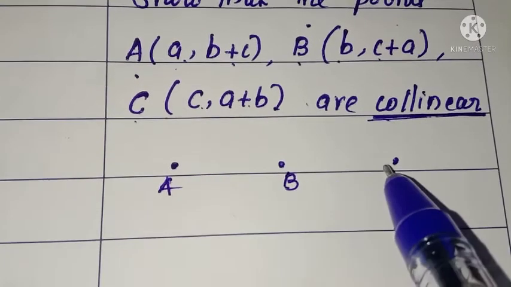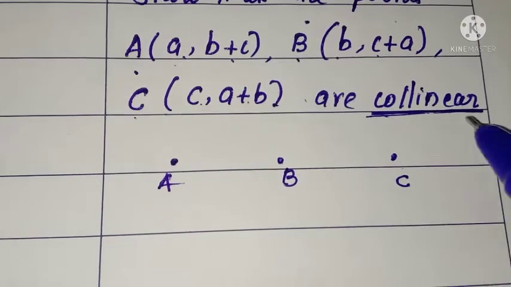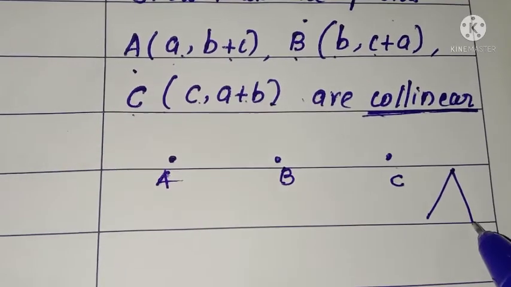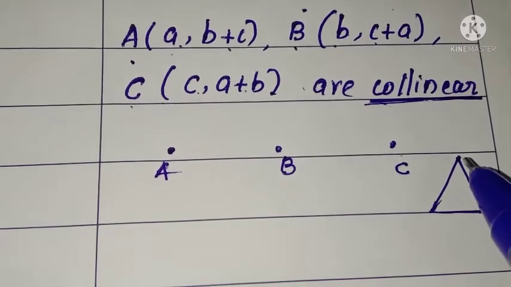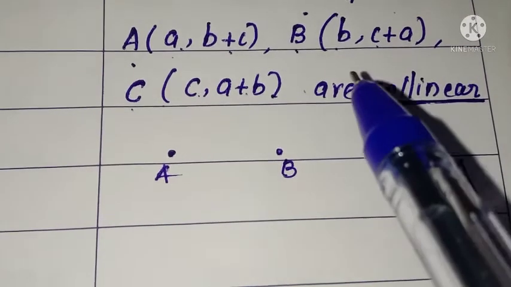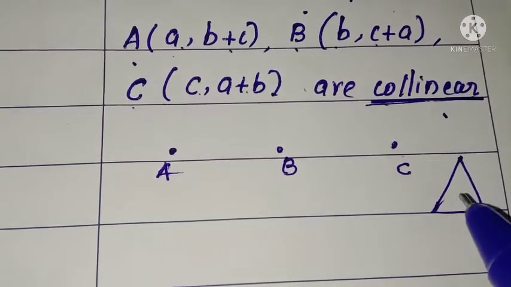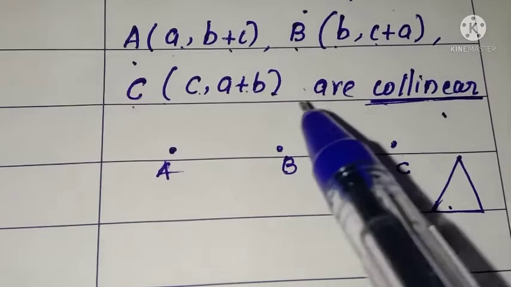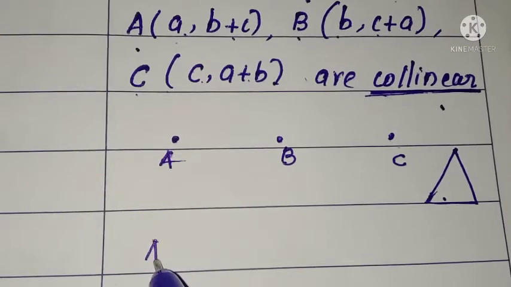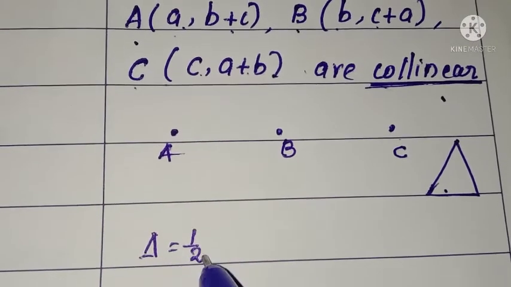Collinear means using these points it is not possible to form a triangle and therefore its area is equal to 0. So to prove collinearity, it is enough to prove that the area of the triangle is equal to 0. So let us find the area of the triangle.